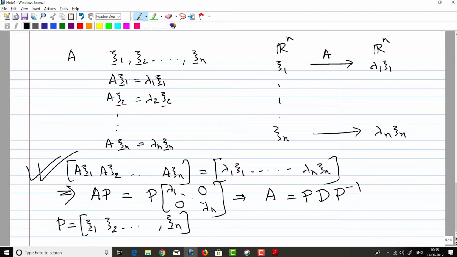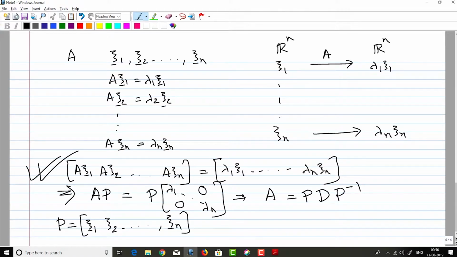Since these v1, v2, vn are independent in Rn, these are the basis vectors in Rn. Similarly, you can show that lambda 1 v1, lambda n vn are also basis vectors of Rn. So we have a mapping between the basis vectors of Rn to basis vectors of Rn, and then we are able to write it.